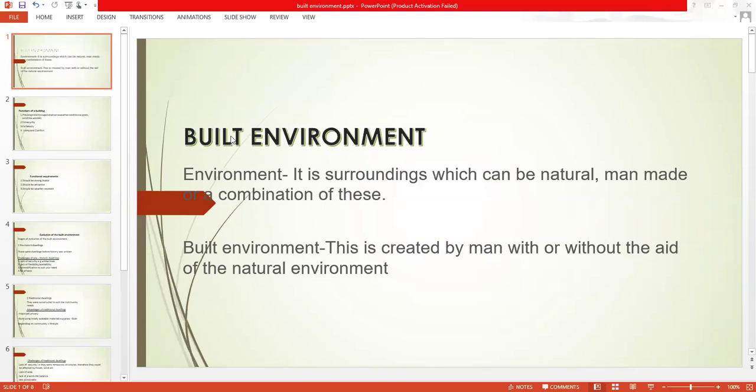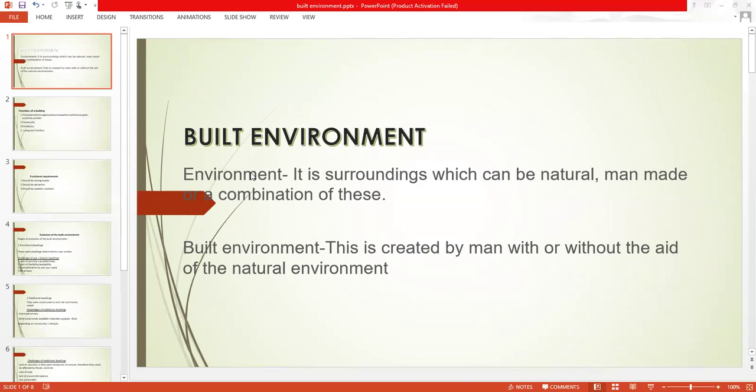Okay, so today we are going to look at the built environment. It's our new topic in general building construction. So under built environment, we are going to see what the environment is. It is the surroundings, which can be natural, man-made, or a combination of both natural and man-made.